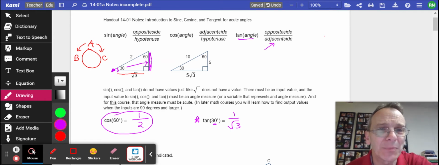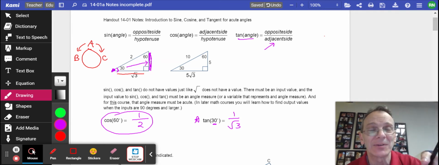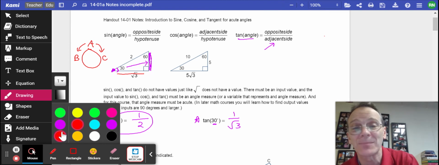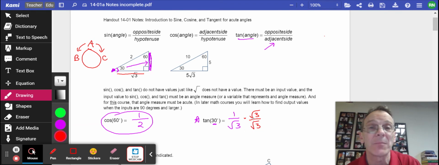But this is not in simplified radical form. Do you remember that? We don't allow square root signs in the denominator of a final answer if we want that answer to be in simplified radical form. Do you remember how we deal with that? We've got to multiply by the square root of 3 over the square root of 3 and then carry out that multiplication. 1 times the square root of 3 is the square root of 3.